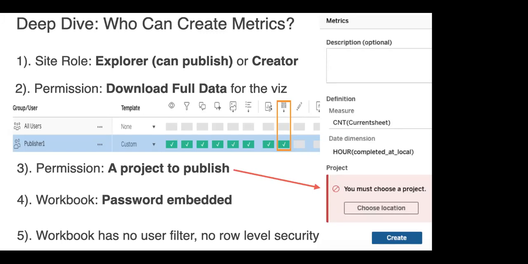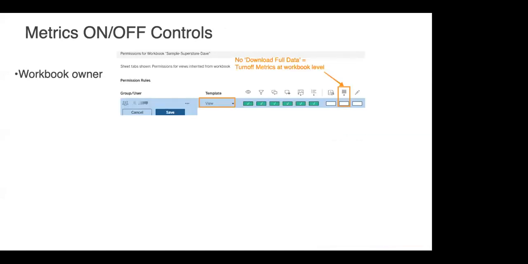Now, we know that creating a metric is not that simple. Unlike subscriptions, unlike data-driven alerts, it's a publishing process and needs a lot of things. Now, hopefully, this will help you to understand your potential cascading issue. It may not be that bad, but still a potential issue.